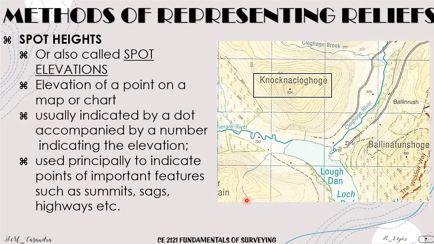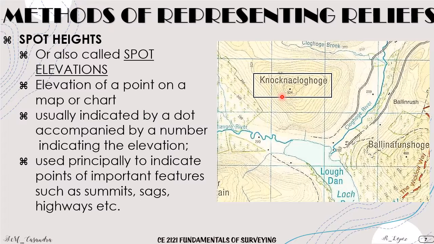So for this given contour map or topographic map, we have here this dot with a number 534. So it is a spot height which defines now the summit, which is at an elevation of 534.